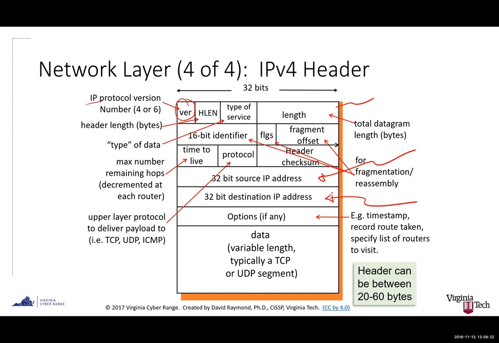So the source address is going to be the IP address for my computer if I'm sending the packet, and then the destination address is going to be the IP address of my destination, which in the example I've been using today is www.nasa.gov. And then you have some other header fields, and then you have the data itself, right? So if I'm sending a request for a web page to nasa.gov, then the data is going to be something like GET, the web page, and it's going to have some other data that specifies what exactly I'm asking for from that web server.